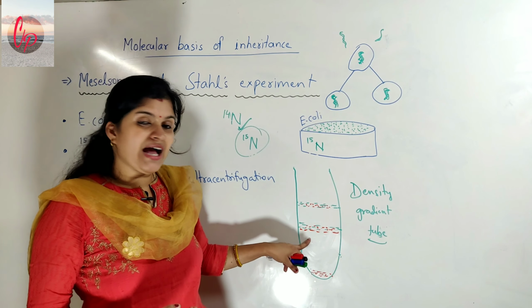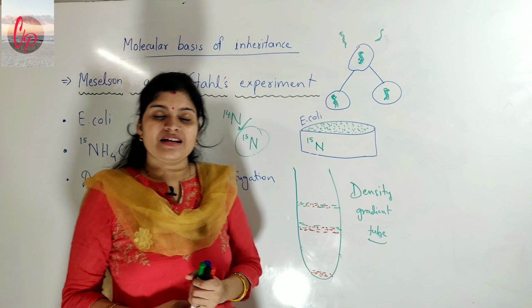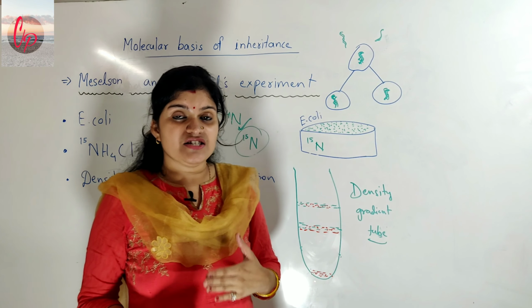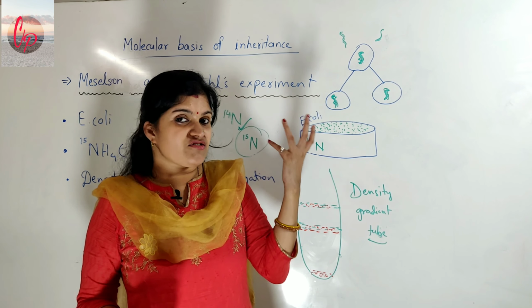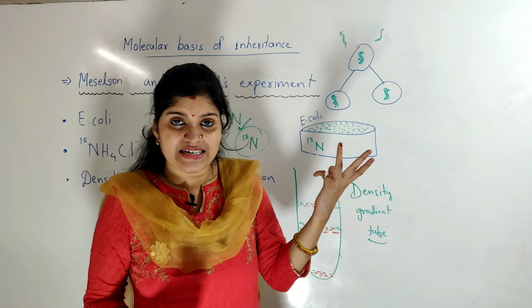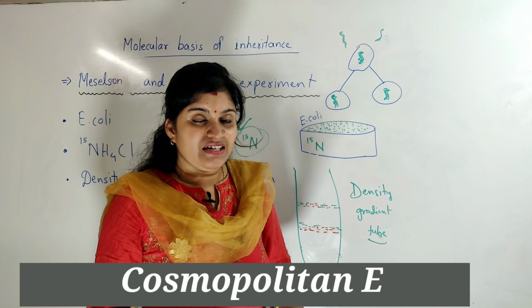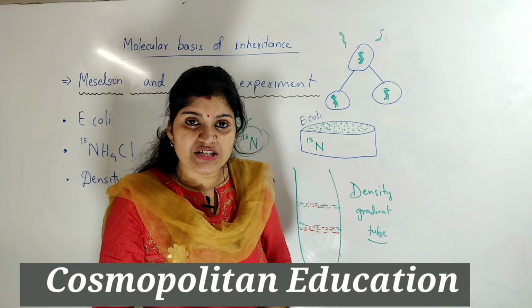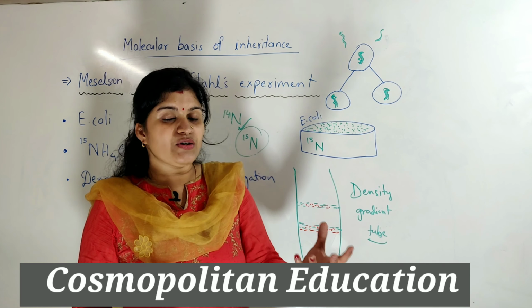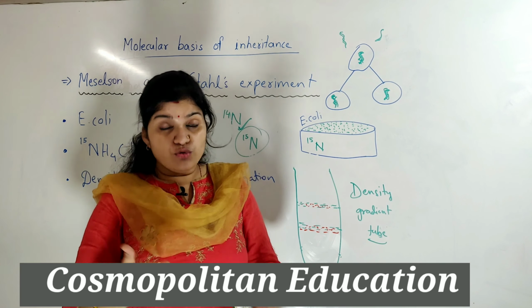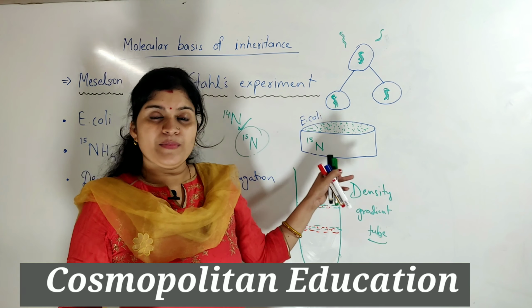And what was the reason behind that? This simply explains that DNA replication is semi-conservative in nature, as the bacteria which were present in the earlier generation were having N14, and when they were dividing, the new generation was having only N15 to use, because N14 was not present here.